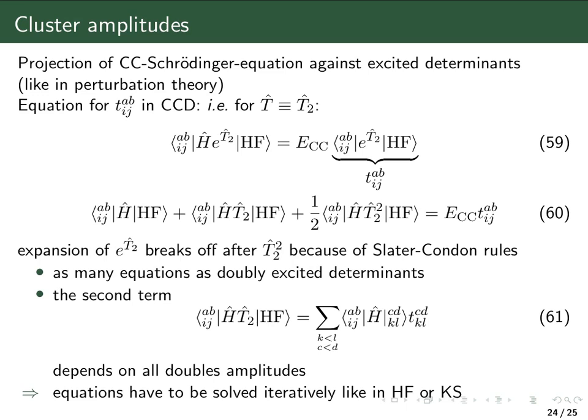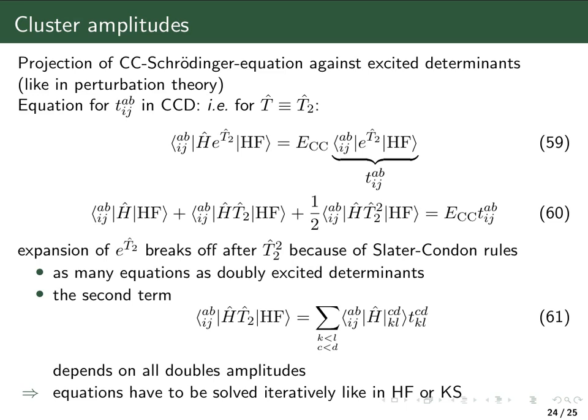So the only term in this summation of T2 which survives is the term which has the same doubly excited determinant, and they are orthonormal, so that gives me 1. So the only thing I get out is then the coefficient, the double excitation coefficient which belongs to this determinant.